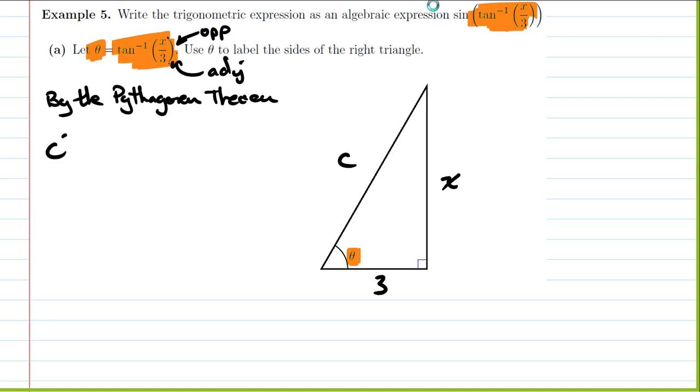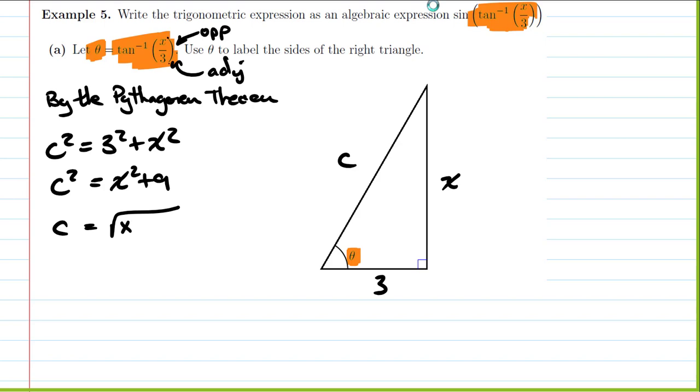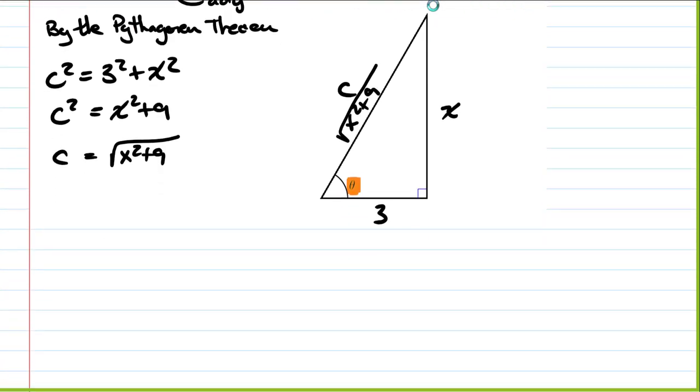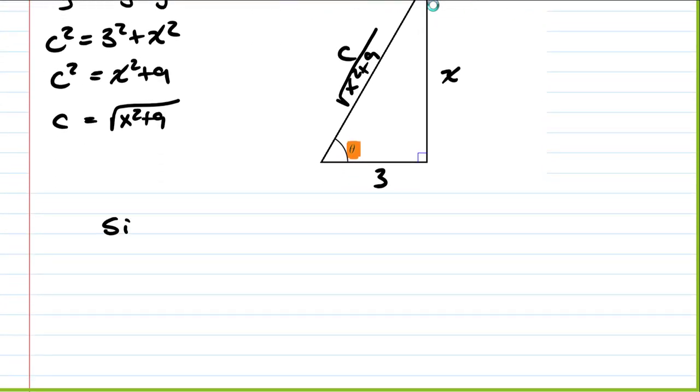We call this c. So c squared is equal to 3 squared plus x squared. So c squared is equal to x squared plus 9. So c is the square root of x squared plus 9. So then, what we really were asked to find is, what is the sine of theta?